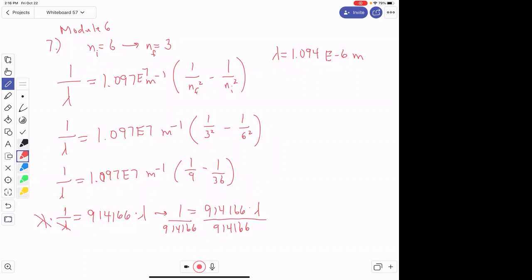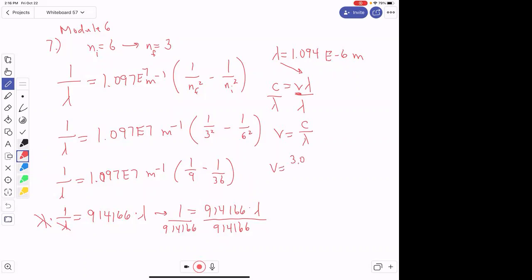They're inversely proportional, yeah, but the equation that relates them, right? We know speed of light equals frequency times wavelength. So we know my wavelength now. We also know speed of light, so we can solve for frequency. So divide both sides by wavelength because we're looking for frequency. So frequency equals speed of light over wavelength.